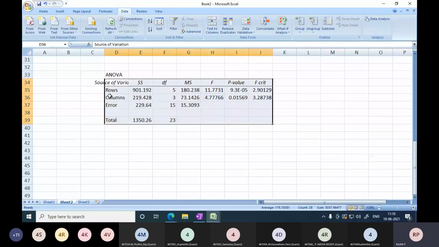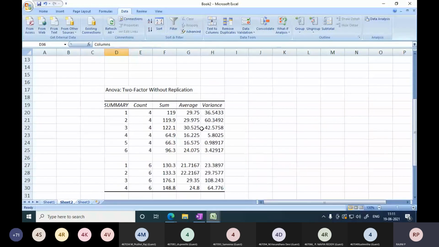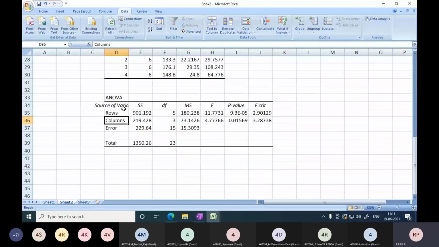So rows means treatments, columns means blocks. By default, it will give you rows and columns only. So rows means you have taken the treatments, and columns means we have taken the blocks. You need to remember that while writing the conclusion. And for the rows, you just check it, both are more than one. So can we use these values or do we need to do the recalculation again? Yes, ma'am.